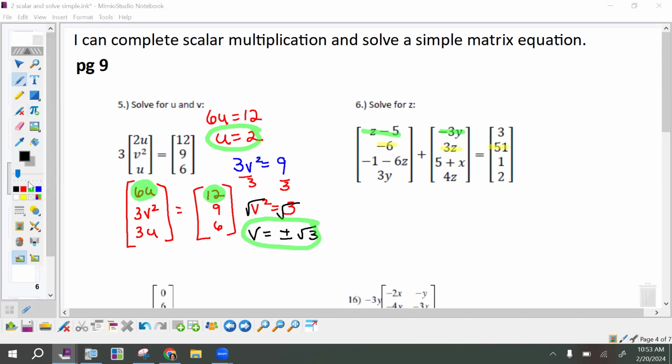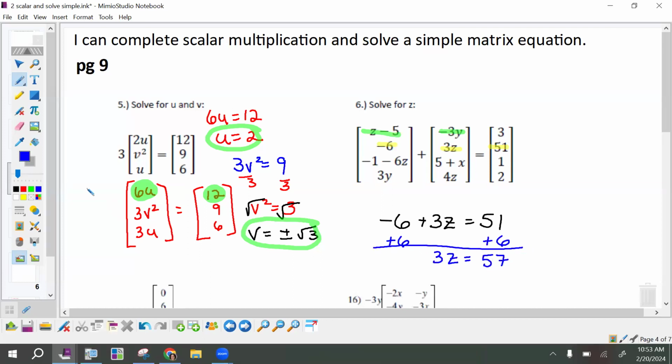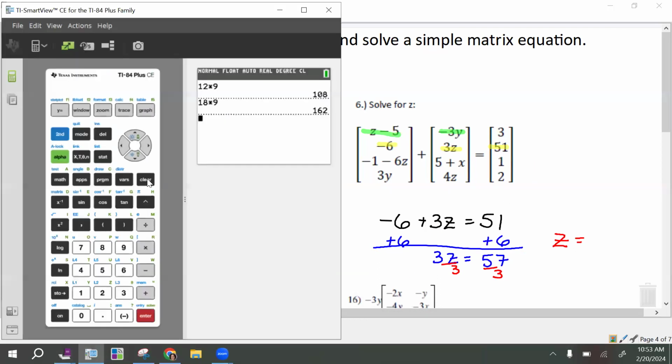That's the row to use because I only have 1 variable. All right, so 3 into 57. Let's see if that divides evenly. 19.